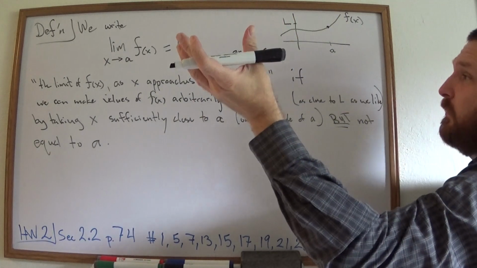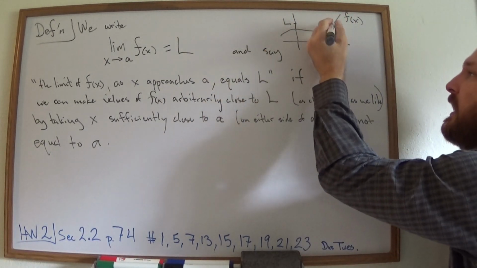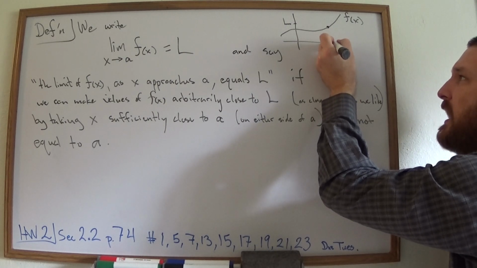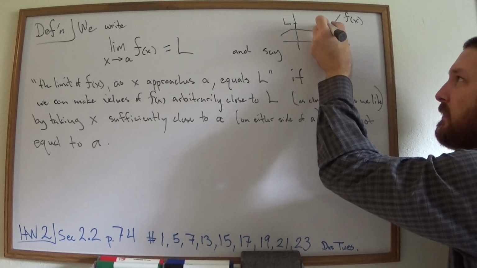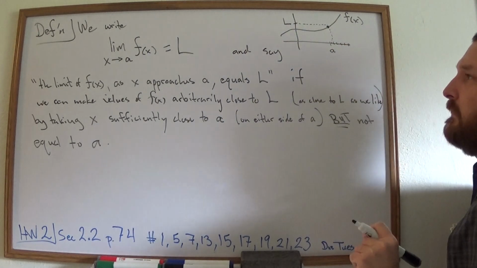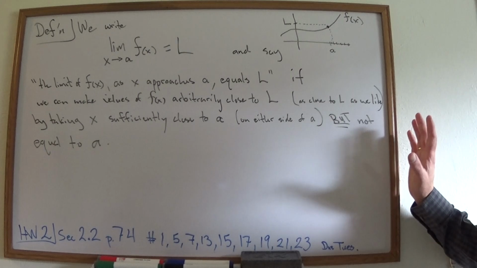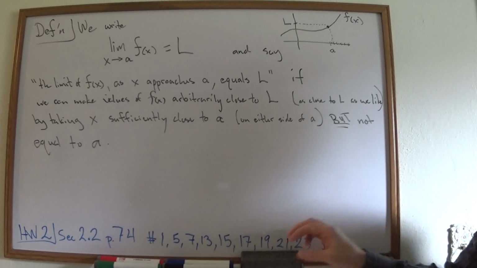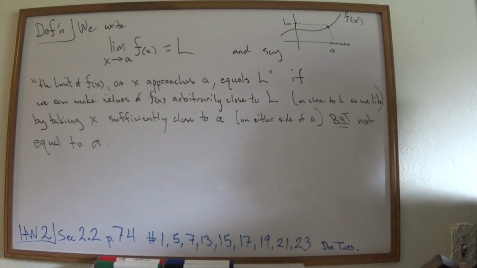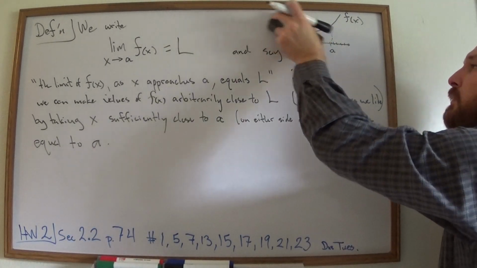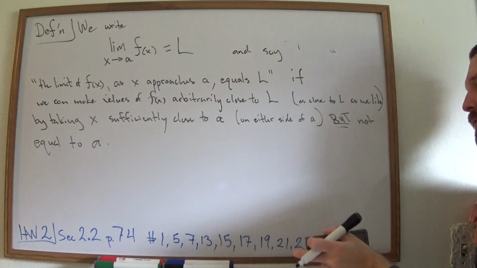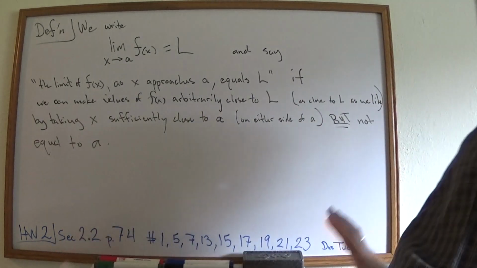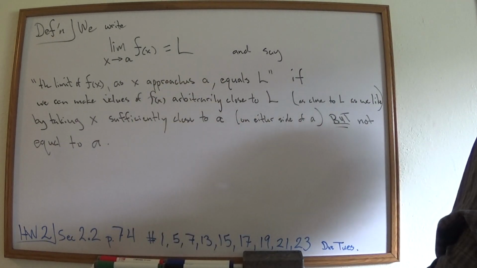Maybe L itself or whatever, right? And I could find an x. I could tell you how close to get to a that will get you that close. Okay? That's what we're saying here. This very much is like the rigorous definition. It leaves a little bit out, there's some formalism that I'm leaving out deliberately.